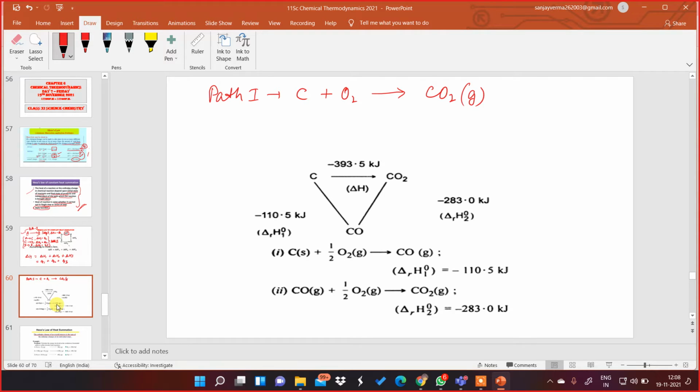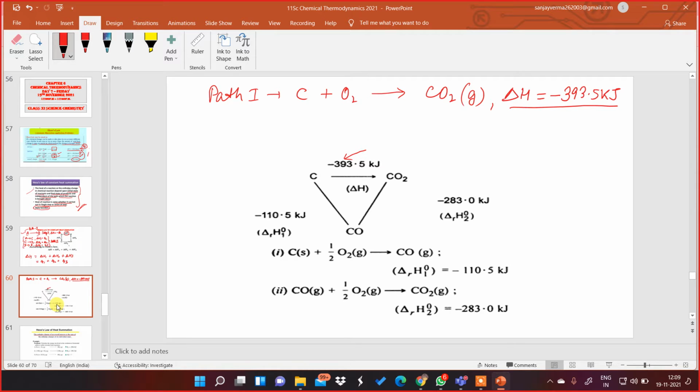For this formation of carbon dioxide gas, the enthalpy change delta H is given here as minus 393.5 kilojoules. That is path 1. It is occurring in a single step.